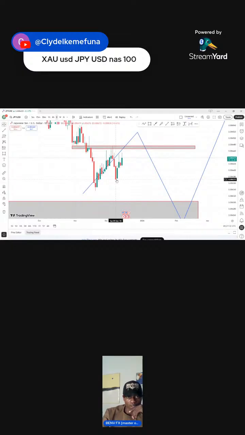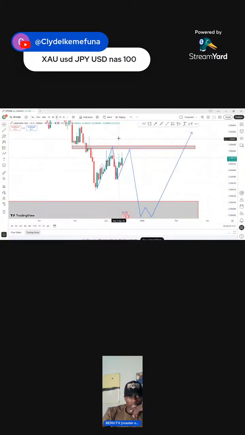Now it's still going to that resistance level, but you know what? It will just do something like this. Let me clean this line first. Since it has moved from here to this resistance level and come down, it will do something like an M pattern.